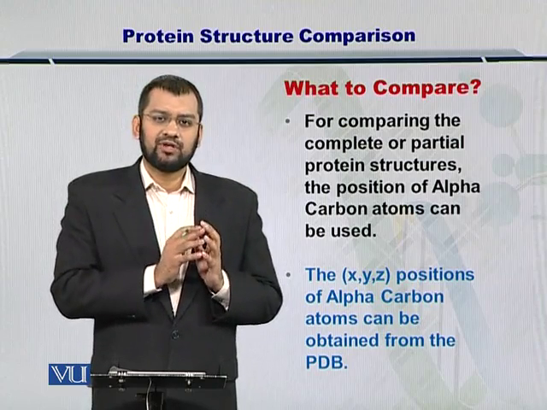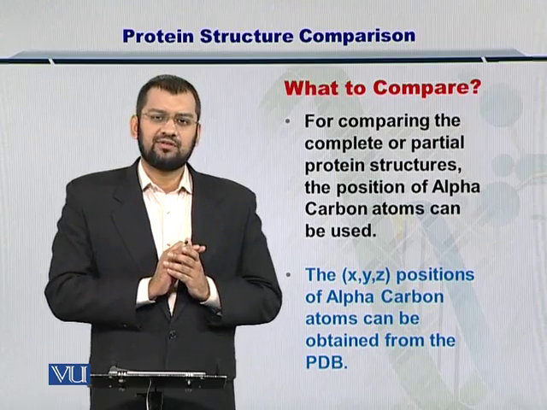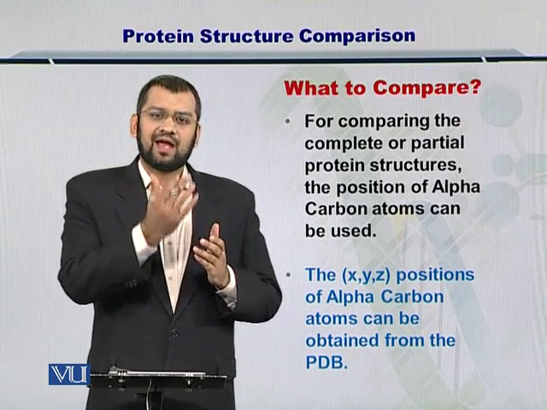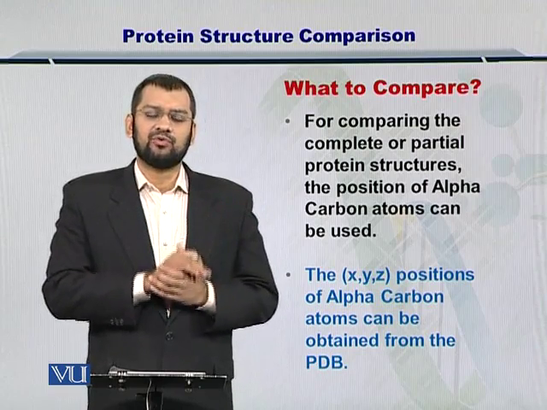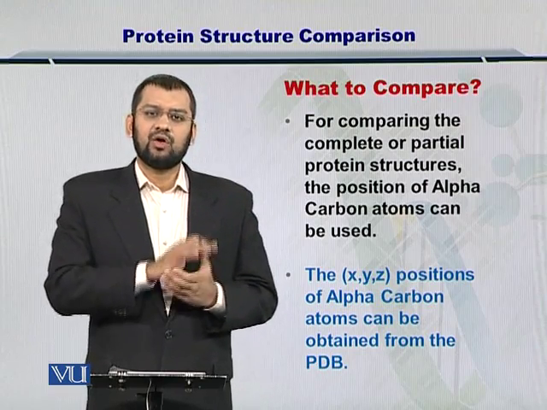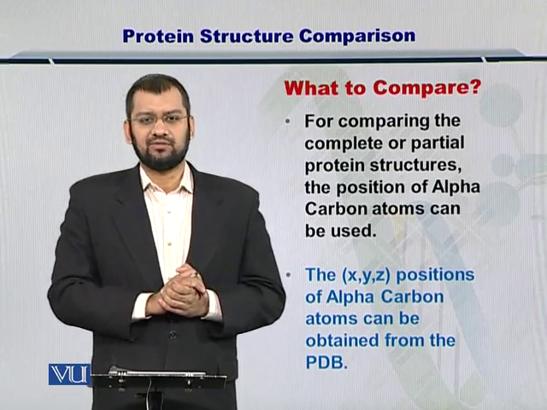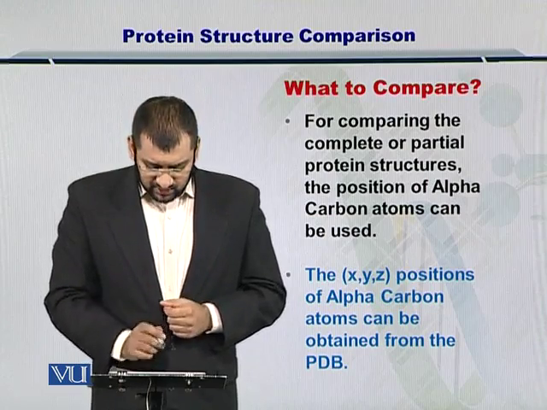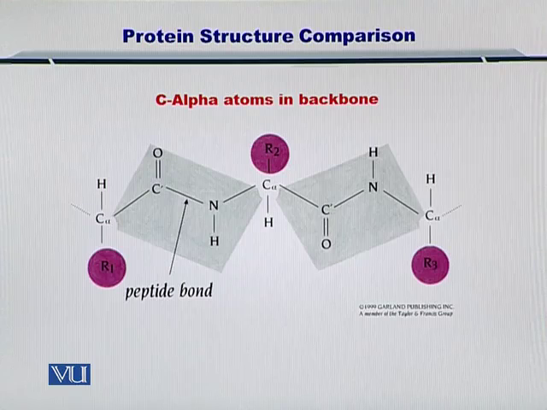If you have a protein with its PDB in the structure databases, then you can extract the alpha carbon coordinates, that is the X, Y, and Z position, and then compare them with the alpha carbon positions of the other proteins. Let me help you to remember what the alpha carbons were by looking at this figure.